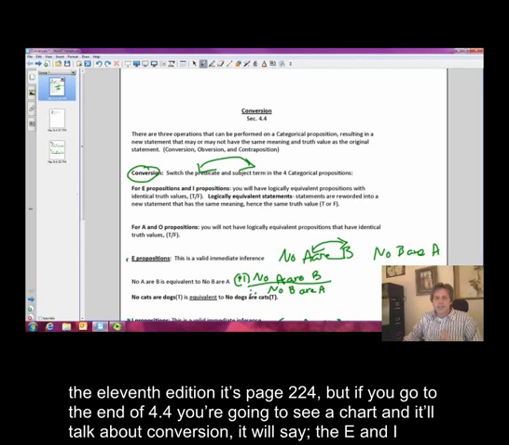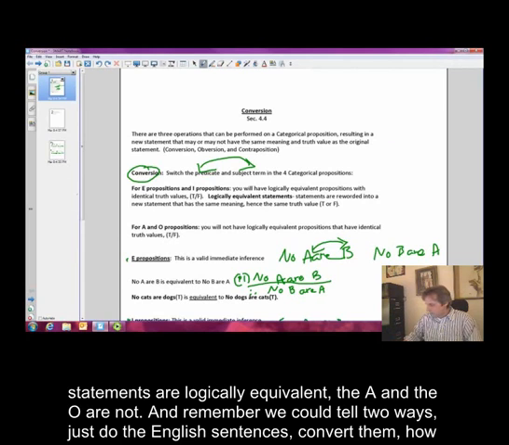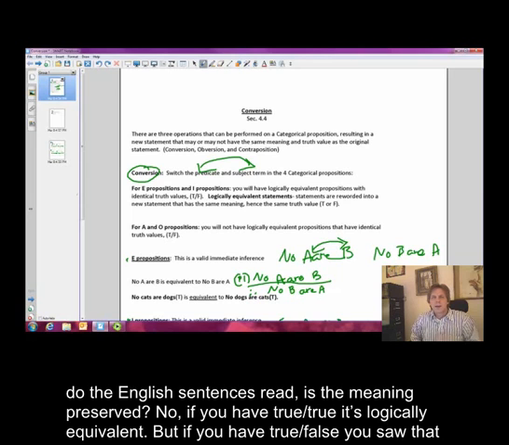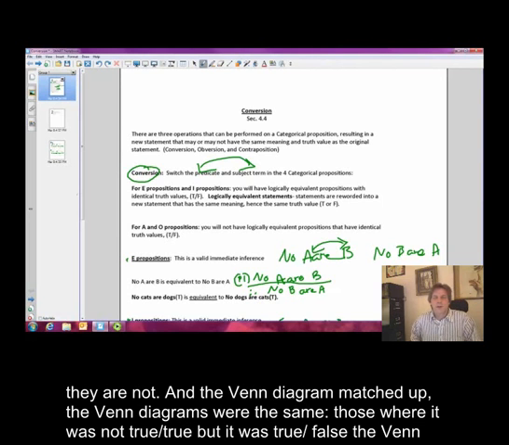It'll say the E and I statements are logically equivalent, the A and the O are not, and remember we could tell two ways. Just do the English sentences, convert them. How do the English sentences read? Is the meaning preserved? No. If you have true, true, it's logically equivalent, but if you have true, false, you saw that they're not.